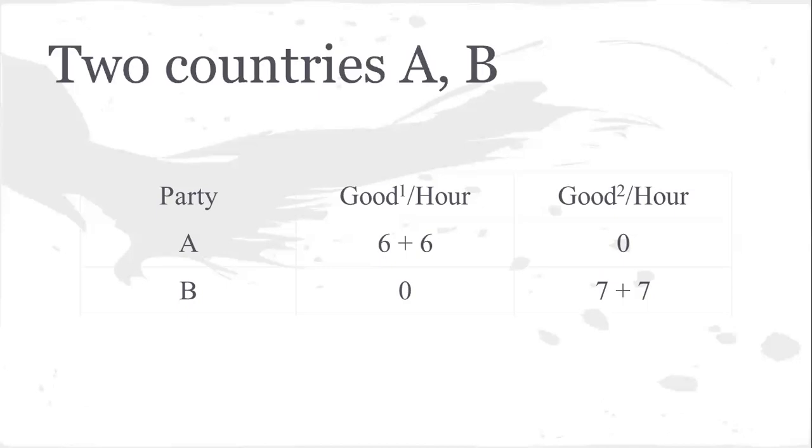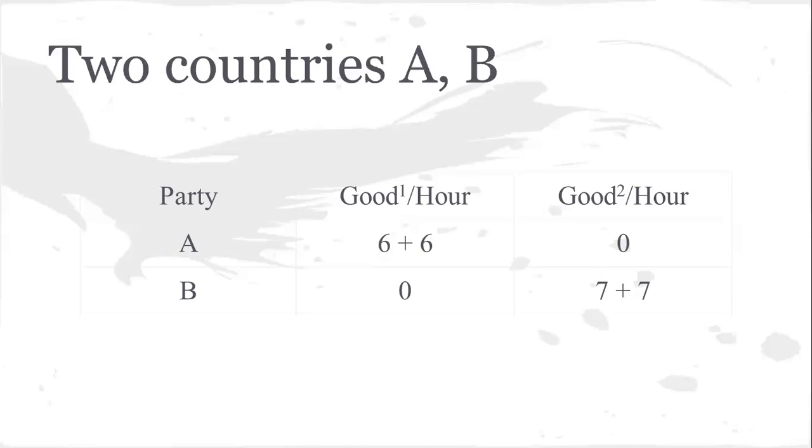Now if you ask what happens if A needs good 2, or if B needs good 1, then obviously they can import: A can import good 2 from B, and B can import good 1 from A. Here A has the higher opportunity cost in good 2, and B has the vice versa for good 1.